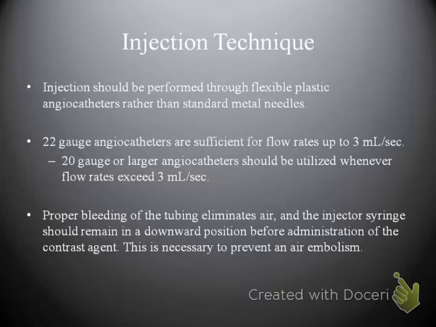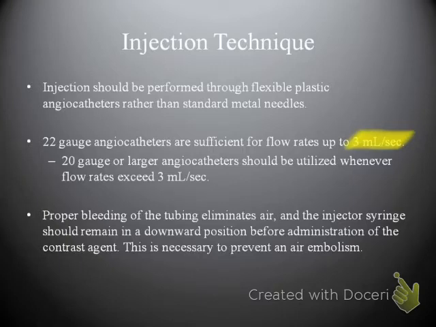That would not be very good at all. We do see that 22 gauge angiocatheters are sufficient for flow rates up to 3 milliliters per second. So keep that in mind. You can get up to 3 milliliters per second on a 22 gauge angiocatheter, but typically you want to strive for something better, like a 20 or a larger needle such as an 18, things like that.